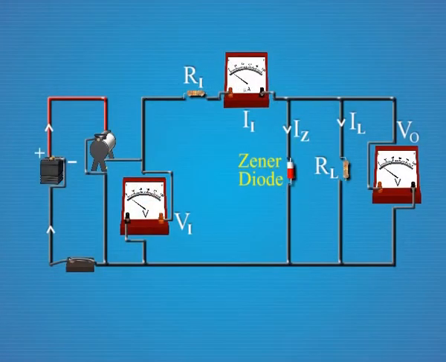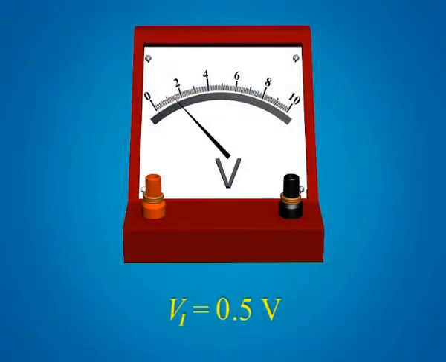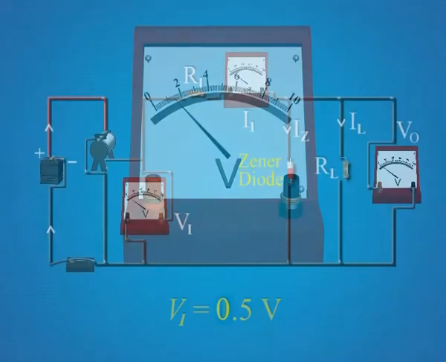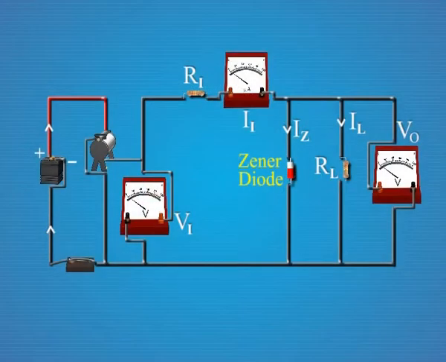Note the values of input voltage Vi, output voltage Vo, and input current Ii. Keep increasing input voltage Vi in small steps of 0.5 volts. Note the corresponding values of input current Ii and output voltage Vo.